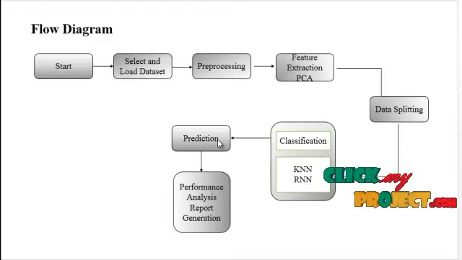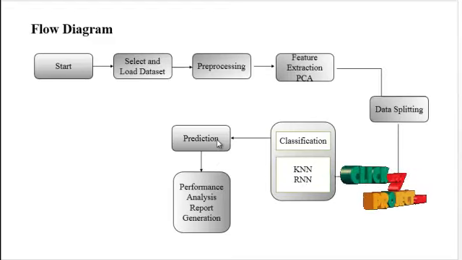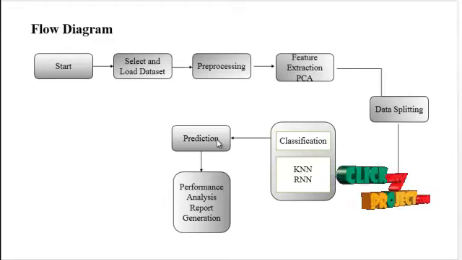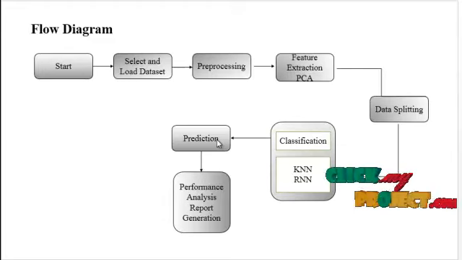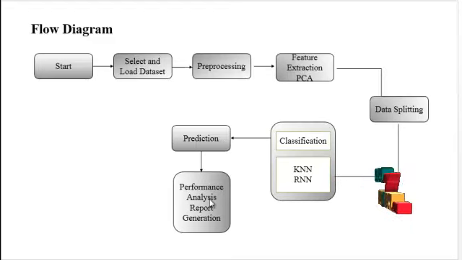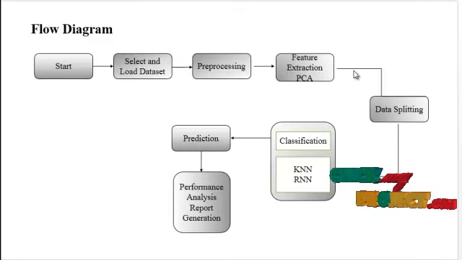And then prediction. Prediction is, if you have any given EEG features, it gives an accurate result of brain injury detection, no brain injury detection, or mild brain injury detection, and then performance analysis and report generation.